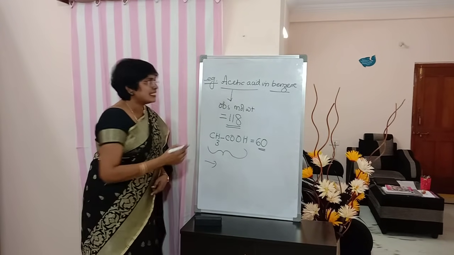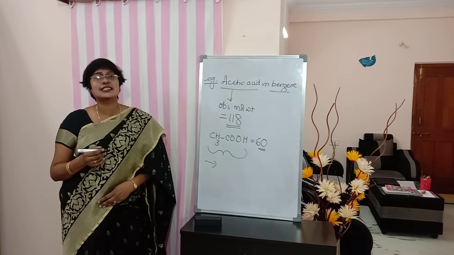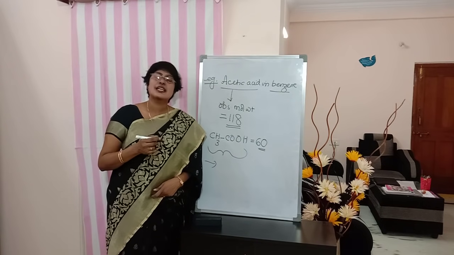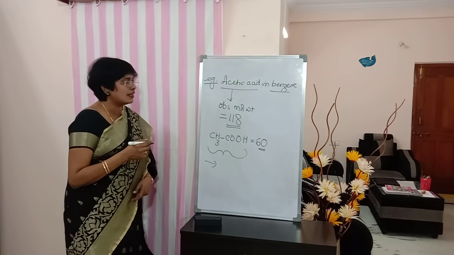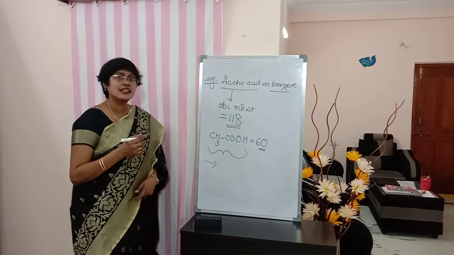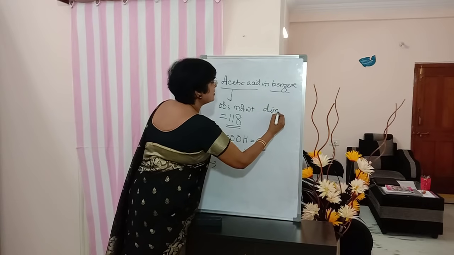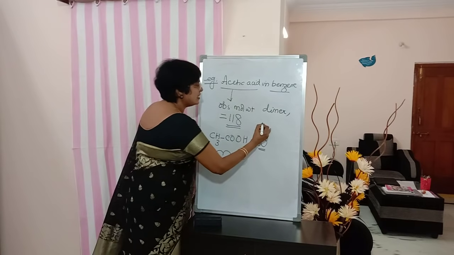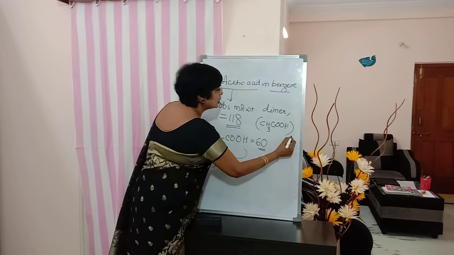Therefore, write down, acetic acid undergoes association when dissolved in benzene. That is, when dissolved in benzene, it exists as a dimer, D-I-M-E-R, that is (CH3COOH) twice.